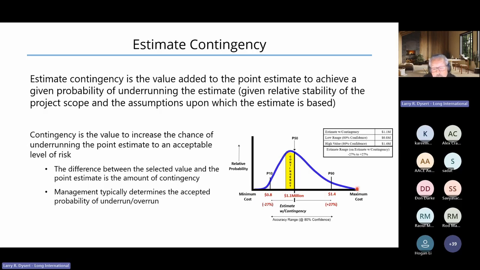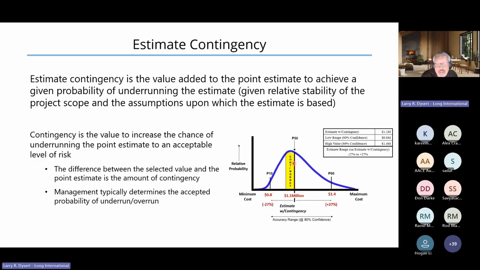We have to end up with a probability distribution, and then we simply add money from our point estimate to the selected funding value to determine contingency. It's nothing more than a mathematical calculation. But that's covering the uncertainty required to get us to that 50% probability of underrun if we're selecting the median as our funding value.